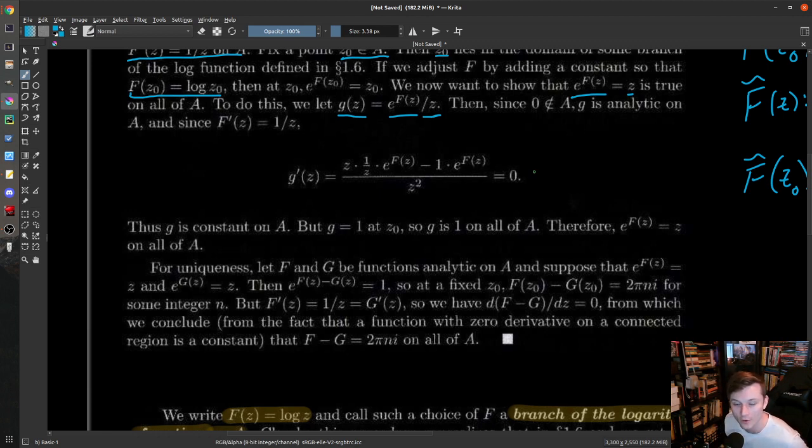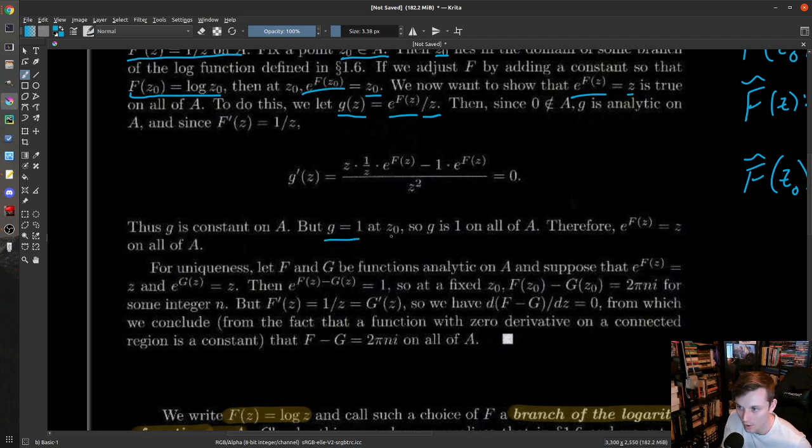Notice g is constant on A because it's got a 0 derivative on A. But g is 1 at z naught. Why is g 1 at z naught? Because e to the f of z naught is z naught, so e to the f of z naught divided by z naught is 1, and that's just g of z naught.